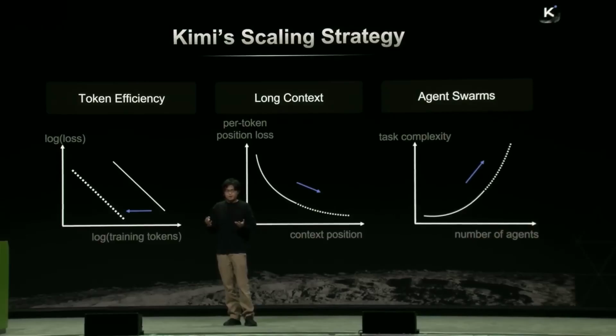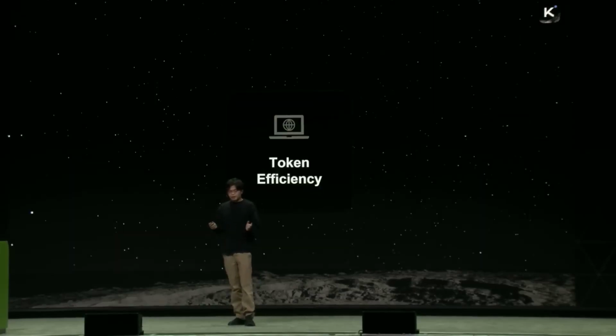And for agent swarms, it's another dimension that adds to it. And at the end of the day, we're going to have a swarm of agents that each of them have a super long context, and each of them have a very strong prior for us to search in this entire agent RL system.